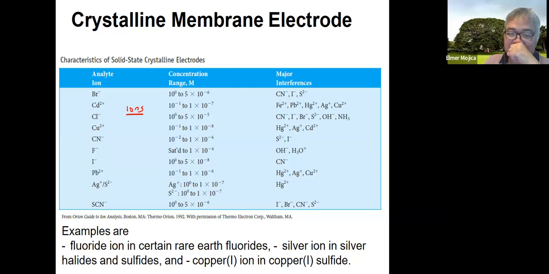Now, although there's a target analyte, you always have what? Interferences. And there's some sort of a concentration range, and usually it's 10 to the -8 to 10 to the 0.